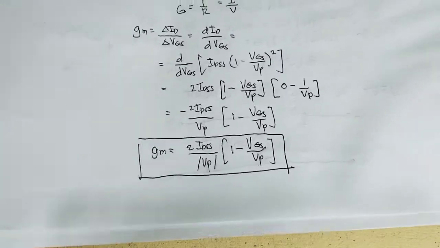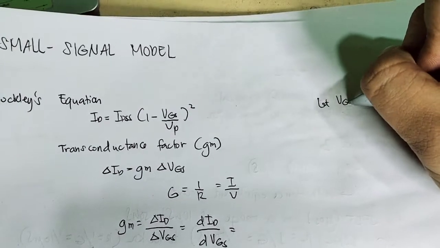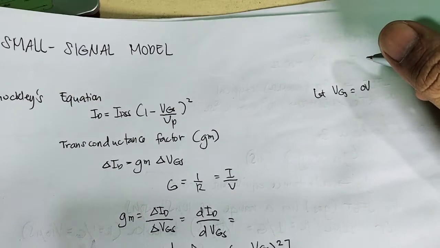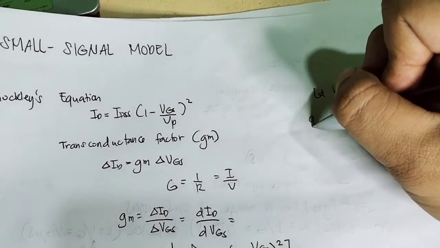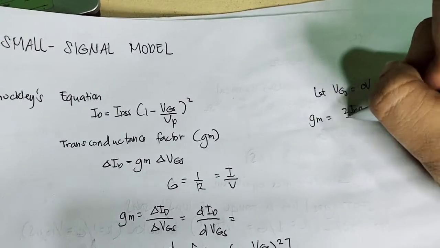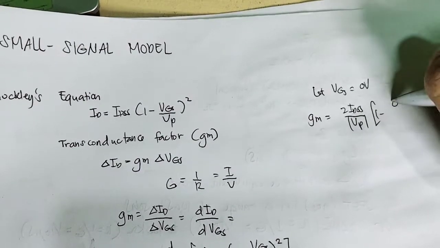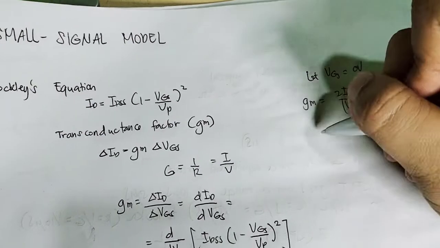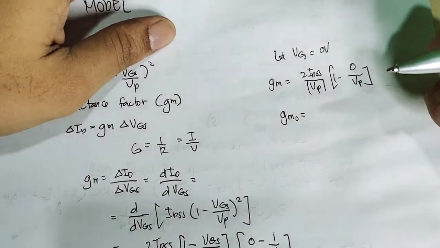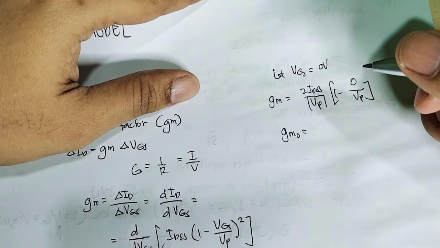If you let V sub GS equal 0 and substitute it into the formula, 1 minus 0 over V sub P, what we calculate is g sub m0. g sub m0 is the maximum value of the transconductance.